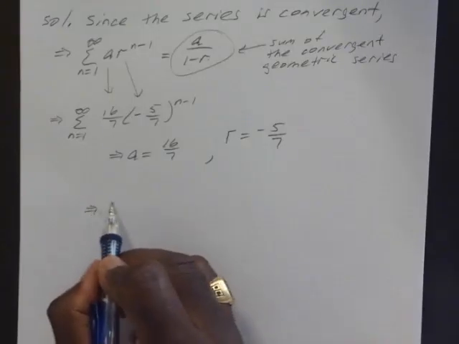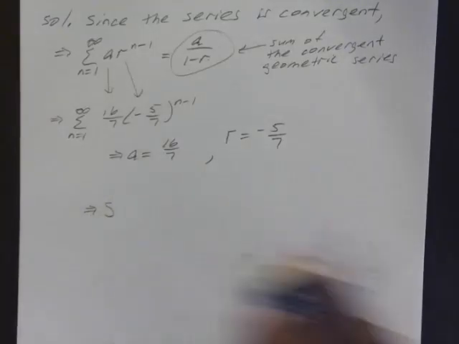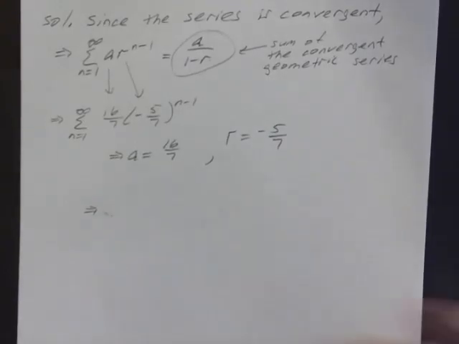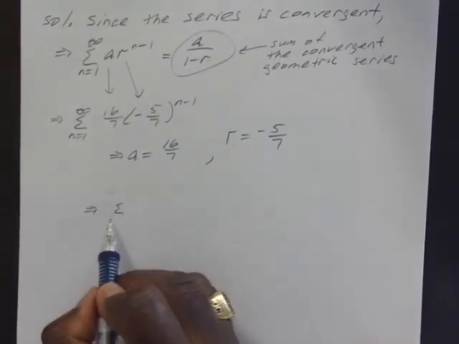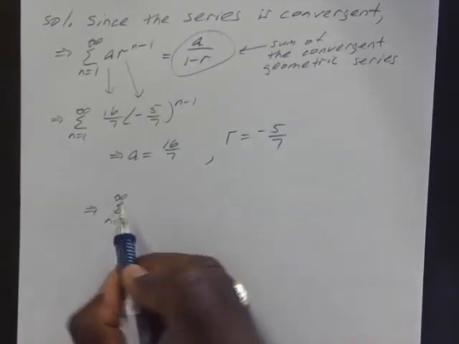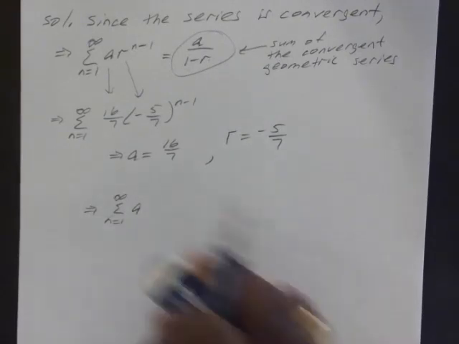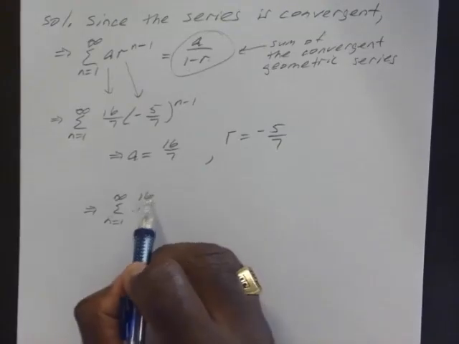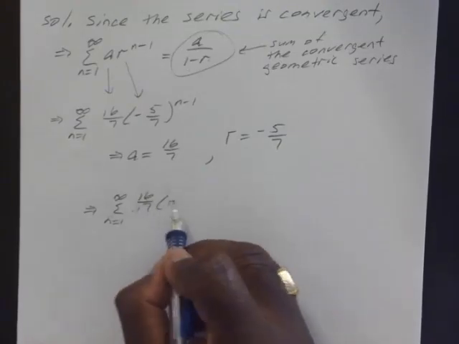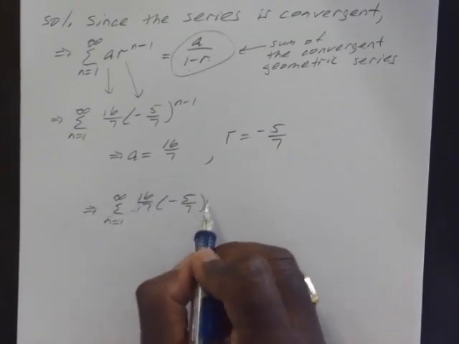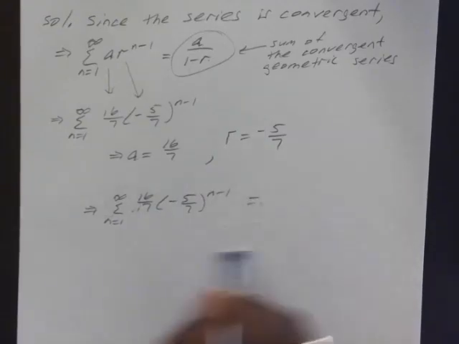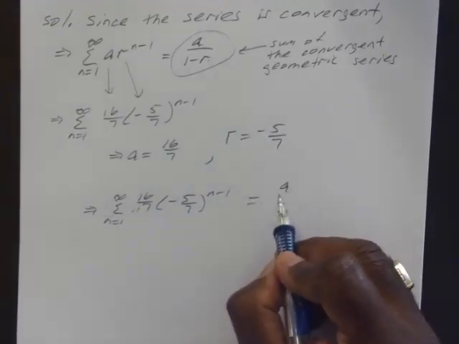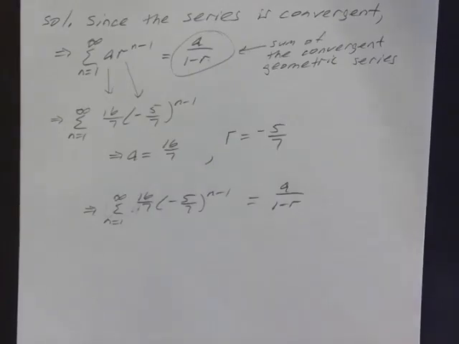Okay, so we know that that sum from n equals 1 to infinity, I'll just write the actual sum in there, of 16 over 7 times negative 5 over 7 to the power of n minus 1, is going to be a divided by 1 minus r.